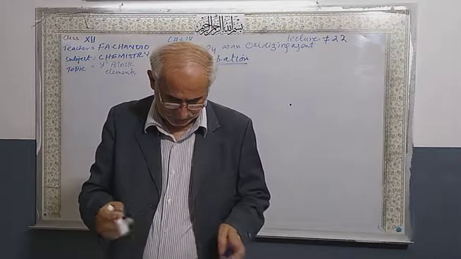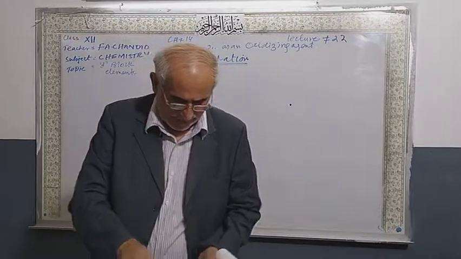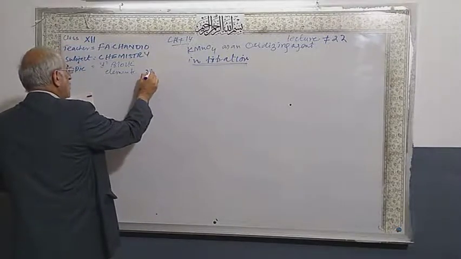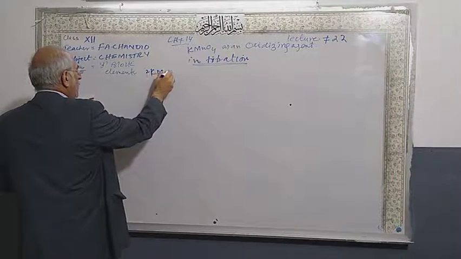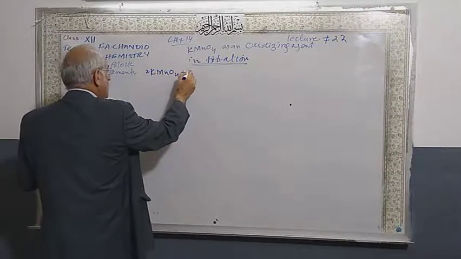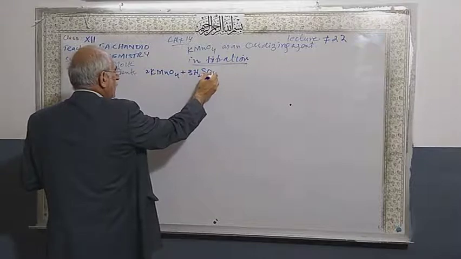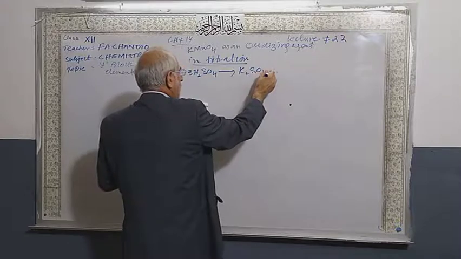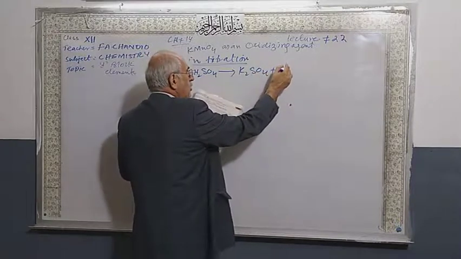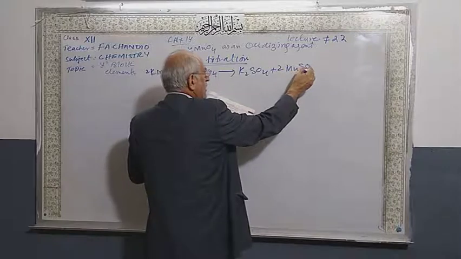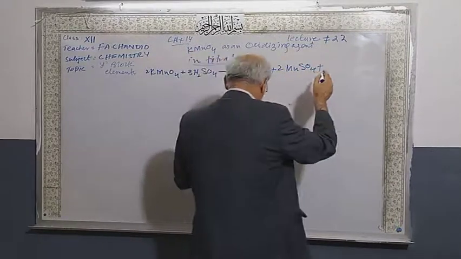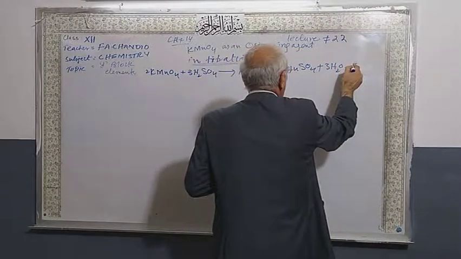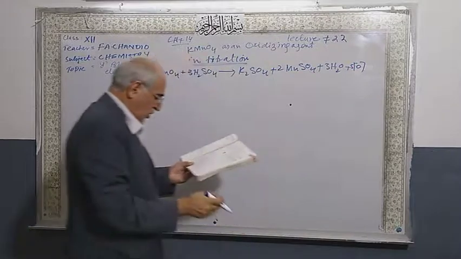Third example, sulfite ions. Same equation: I am going to write 2 moles of potassium permanganate plus 3 moles of dilute sulfuric acid, giving 1 mole of potassium sulfate, 2 moles of manganese sulfate, 3 moles of water and 5 moles of nascent oxygen.